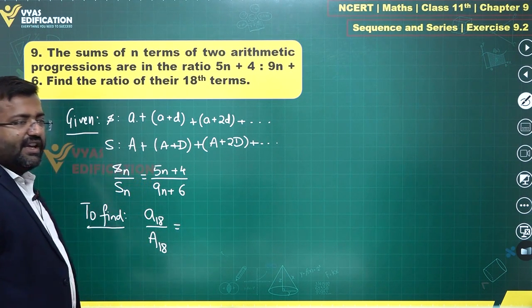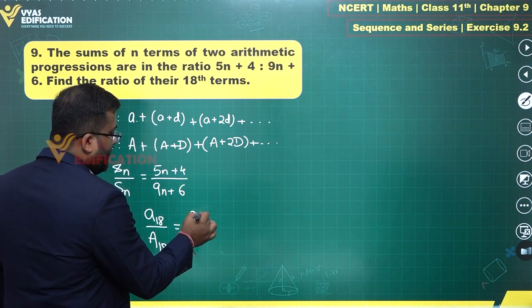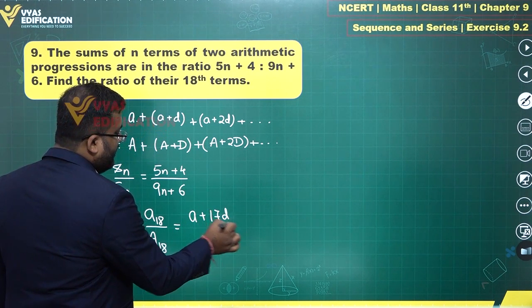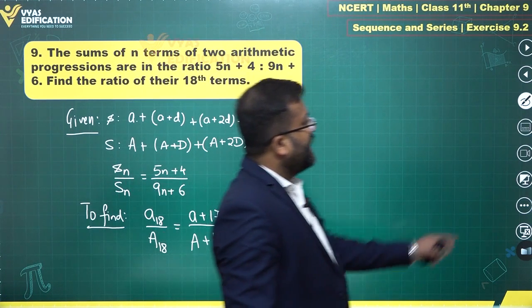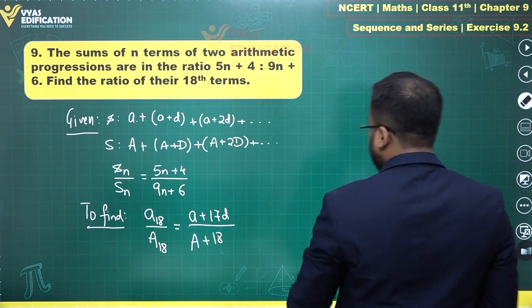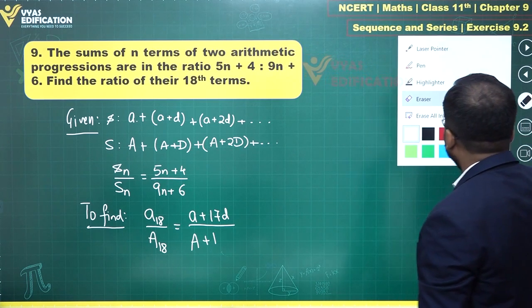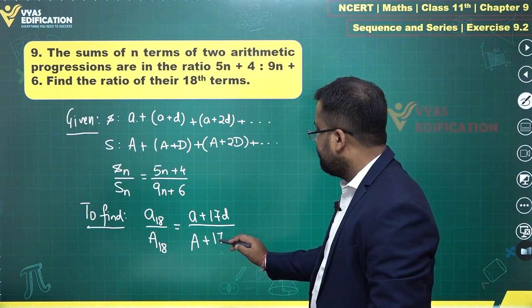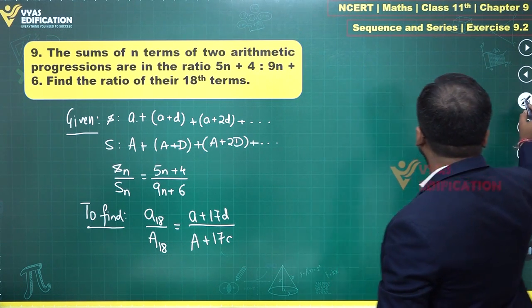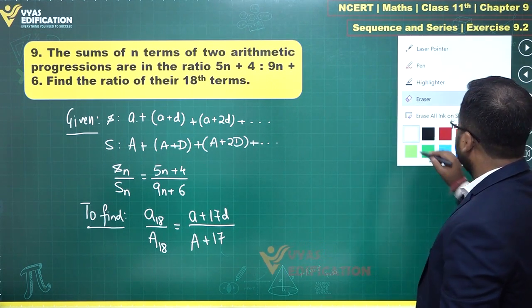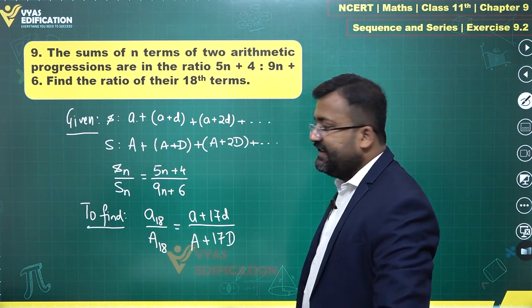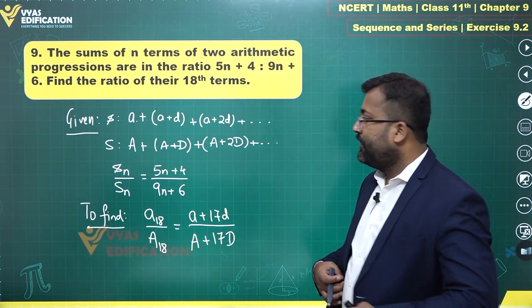And what is this actually? a18 is a plus 17d, and this here is capital A plus 17 times capital D. This is what we are interested in, right?